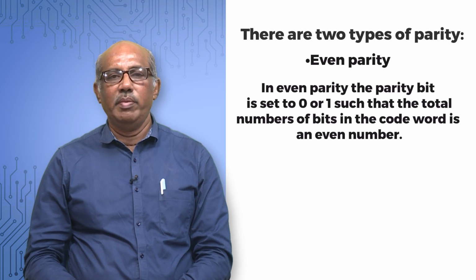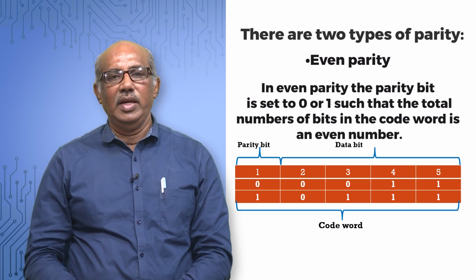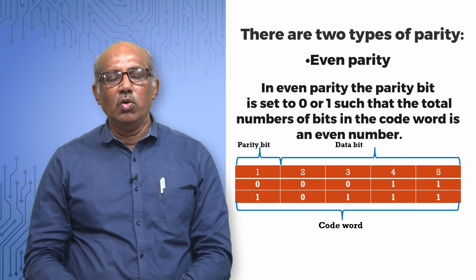Therefore, our parity bit is 0. At the bottom, you can see another data word, 0, 1, 1, 1. There are 3 ones. To make it an even parity, in the parity bit we add bit value 1, and if you count the total number of ones, there are 4 ones. Therefore, the parity is even parity.